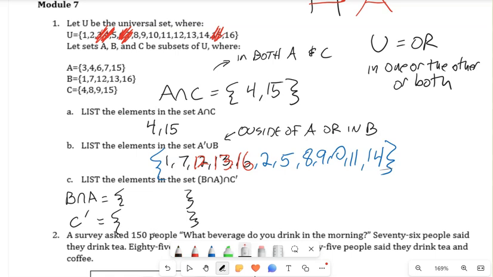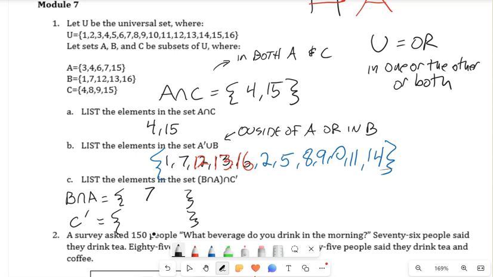So B and A. So looking at B and A, what's in B and A? 7. Looks like that's it. 7 is the only number that's in both B and A.